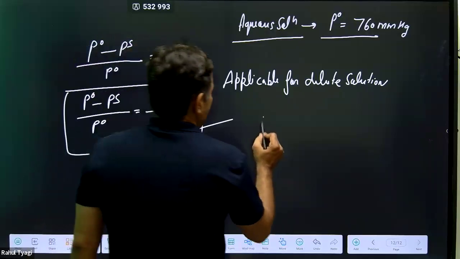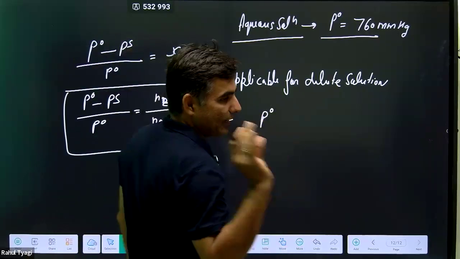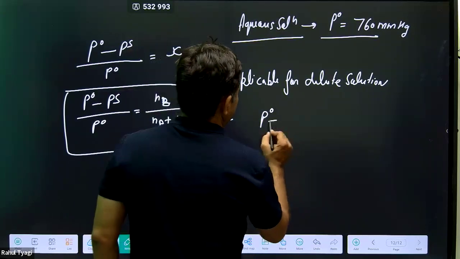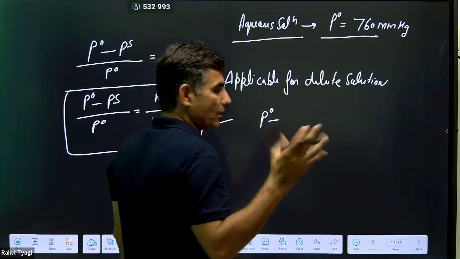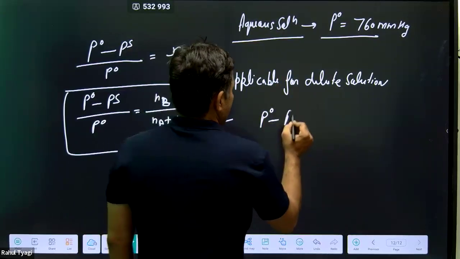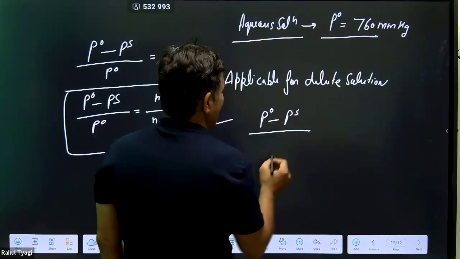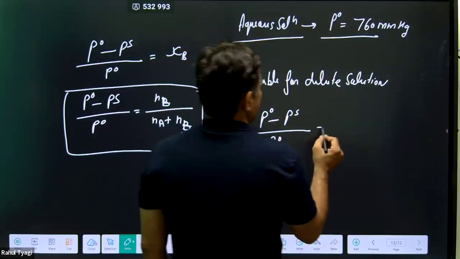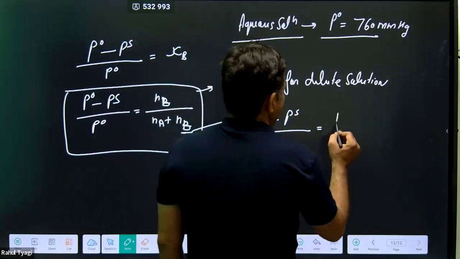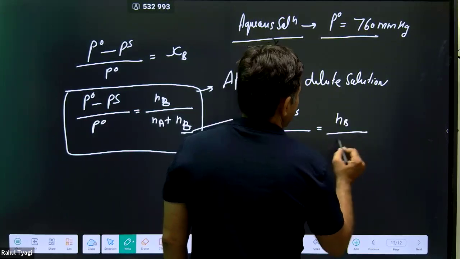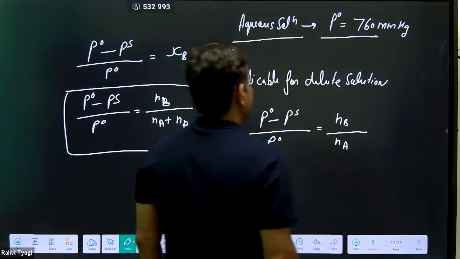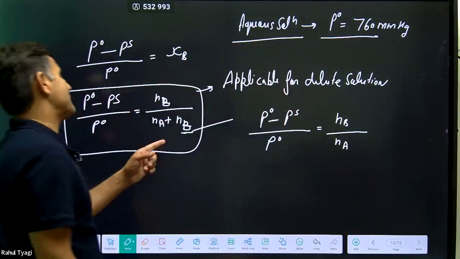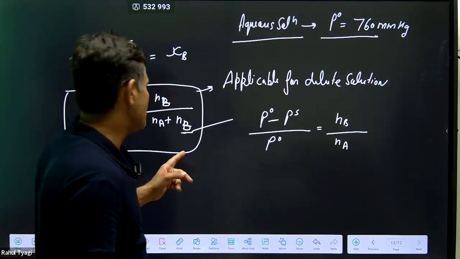P naught they have not given, they mention only the aqueous solution. So there is no need to worry, P naught is not given. Ps I have to find out, or maybe given, is equal to NB divided by NA, because this concept is applicable for dilute solution.